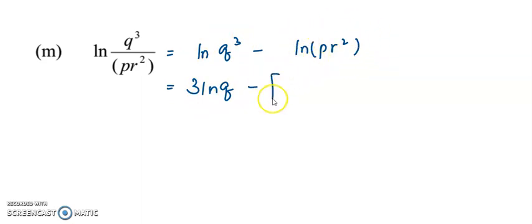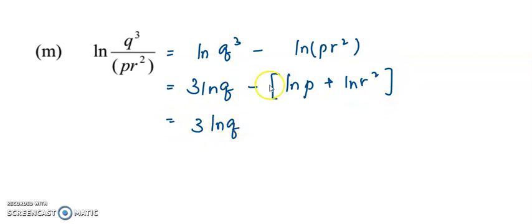Then to split this, put a bracket over here, I get ln p plus ln r squared. And after that, this negative will take effect on the inside. I get my negative ln p, negative multiplied by positive is negative, and the 2 we can move to the front. Then now we have 2 ln r.